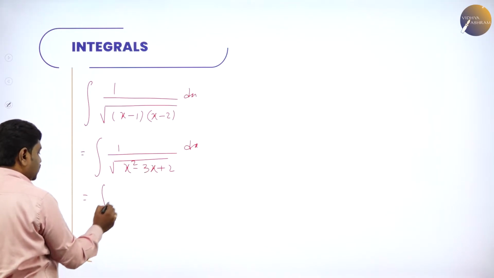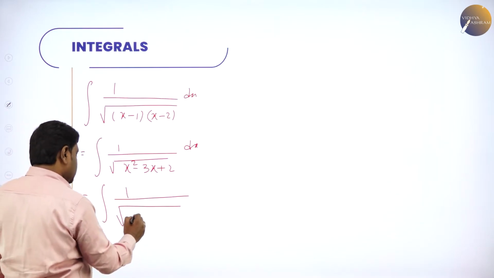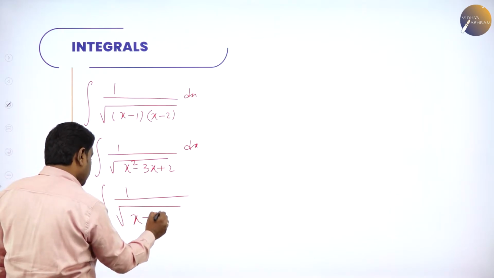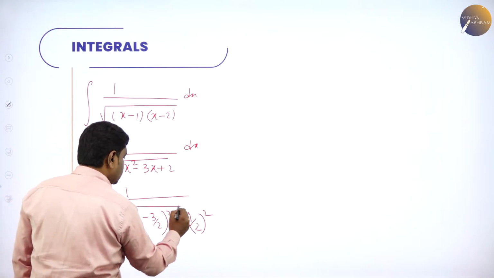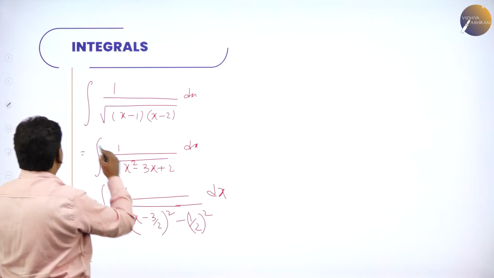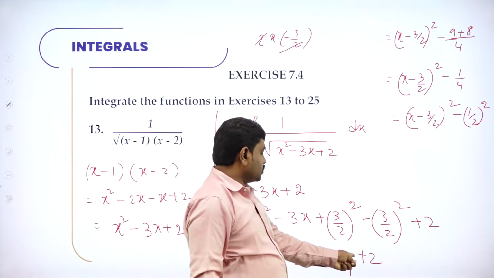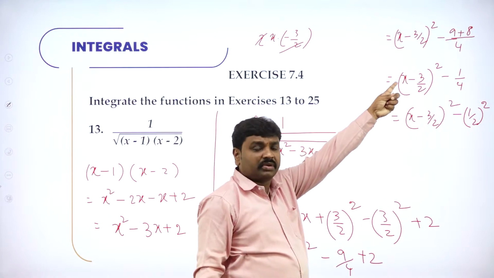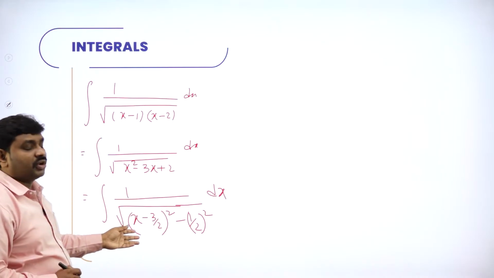Further after simplification I can write this as root of x minus 3 by 2 the whole square minus 1 by 2 the whole square dx. So now the problem is in standard form. You can observe, if you take LCM 4, minus 9 plus 8 becomes minus 1 by 4. Minus 1 by 4 can be written as 1 by 2 the whole square. Now you can observe this is in the formula.